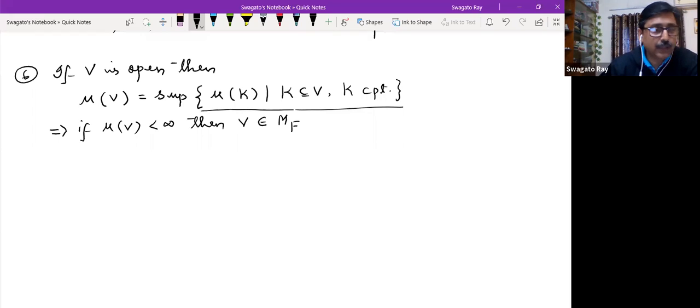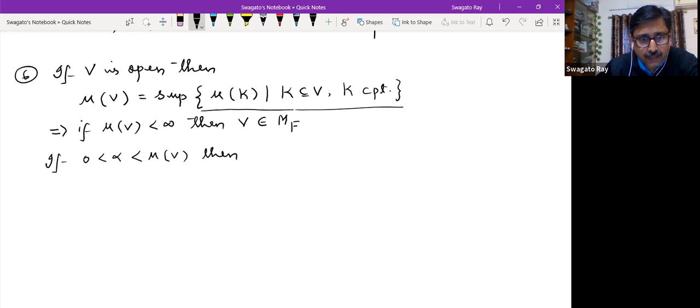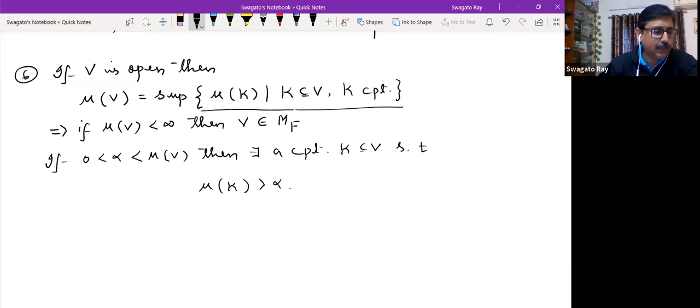So if 0 < alpha < mu V, then there exists a compact set K subset of V whose measure exceeds alpha, such that the measure of K is bigger than alpha. That is something I need to show.